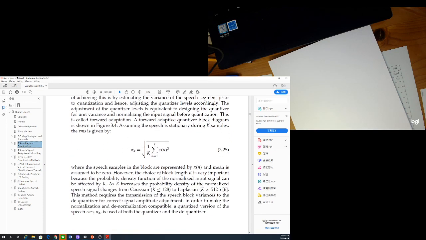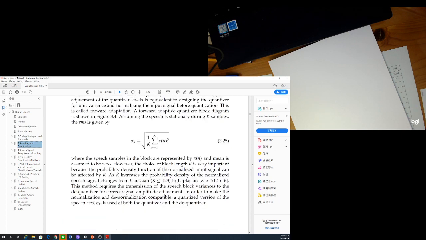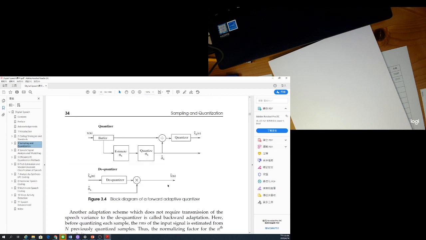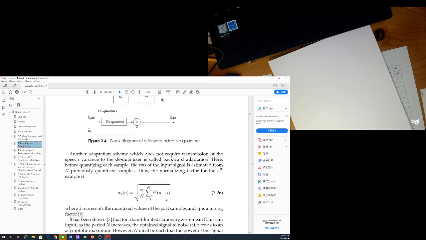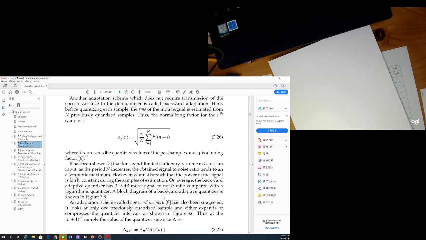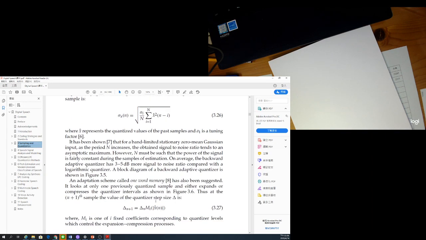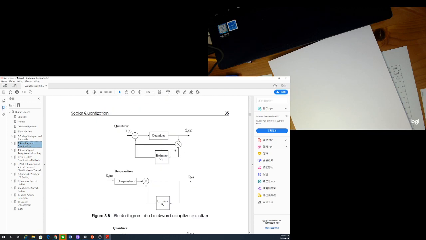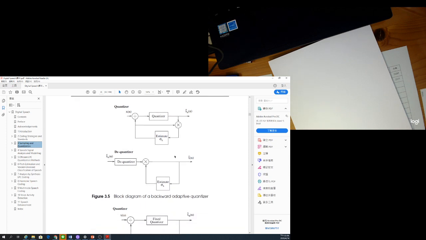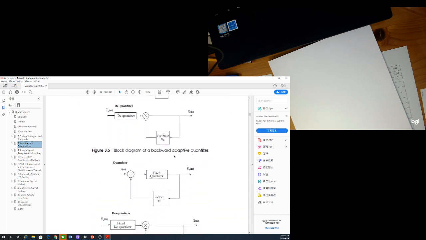Variance could be the square, I'm not sure, so I should double check that. You have to remember what forward adaptive is and what backward adaptive is. One-word memory: we do not consider many future words or decoded words to do the prediction; we consider previous data to do the prediction. We call that one-word adaptive.